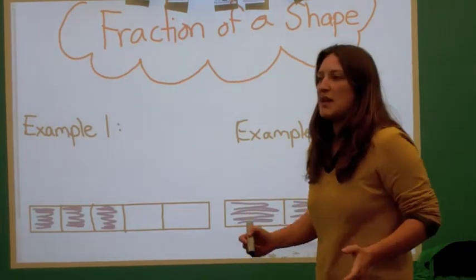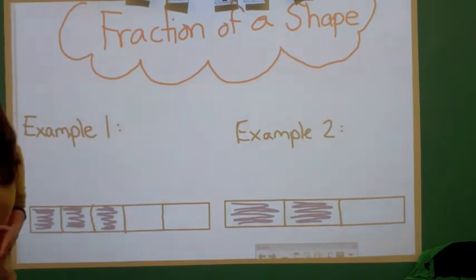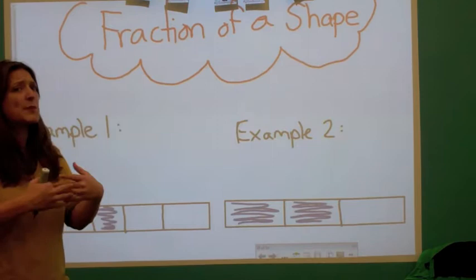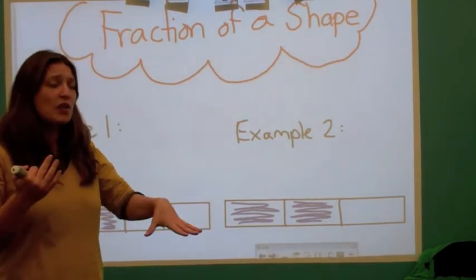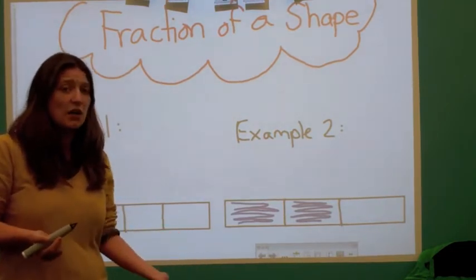Now let's look at these two examples. These are the types of fractions that we have been most used to. We've seen a bar, the bar's been broken up into certain pieces, and we either counted how many pieces were colored, or how many pieces were left uncolored.